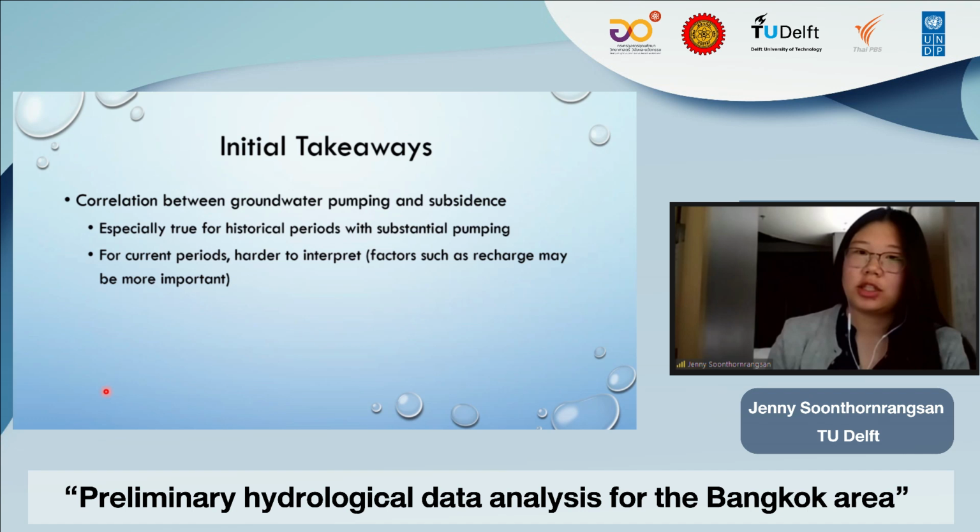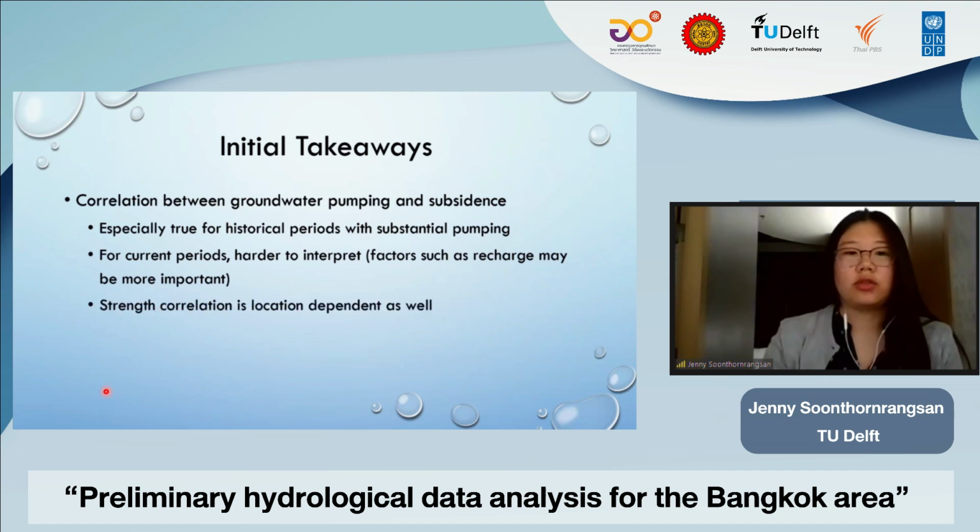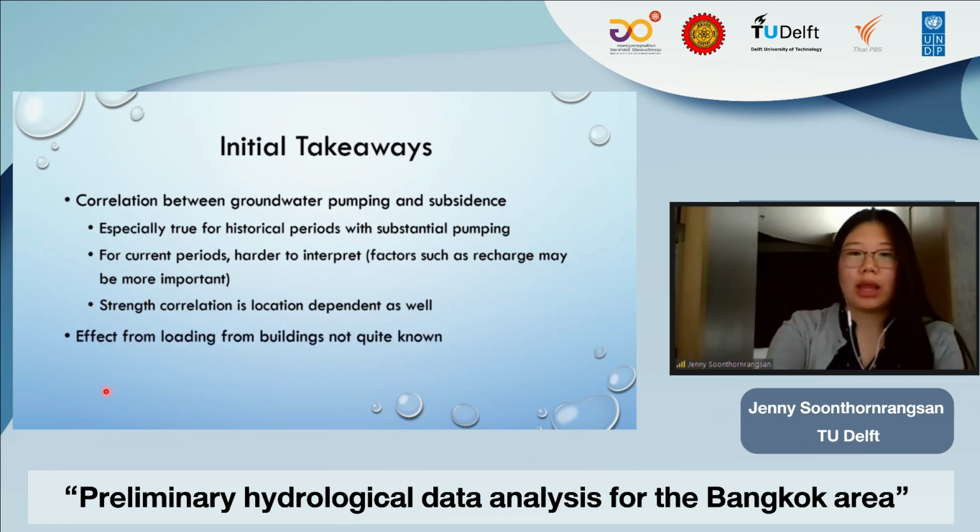And so factors such as meteorological data, influencing recharge, may be more important during this time now. The strength of the correlation is also location dependent. And a lot of people are also interested in the effect of loading from buildings. Since we don't have a time series of loading from buildings, this effect is not quite known yet.